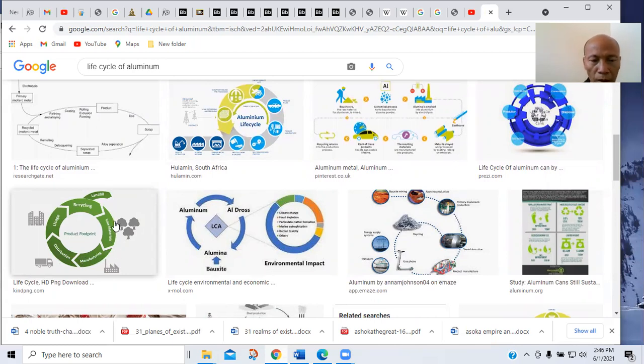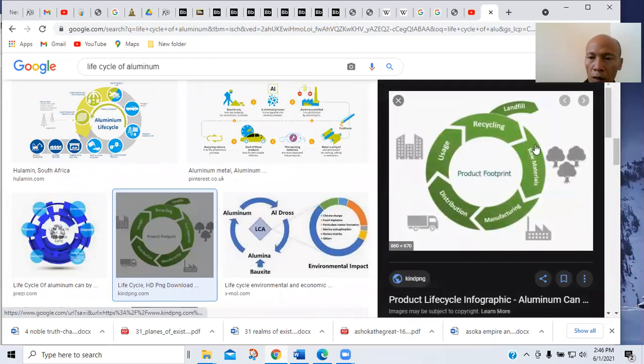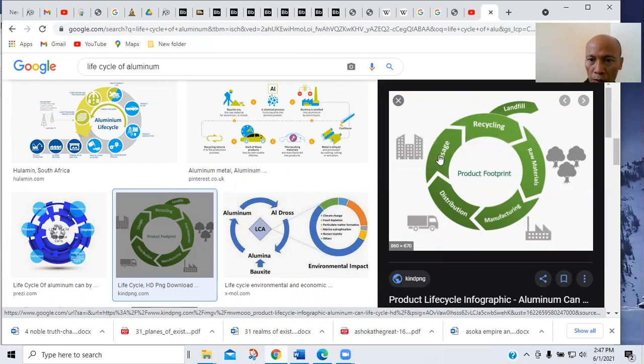Raw materials like anything, aluminum, or paper, plastic, metals, anything. We have raw materials from the trees, from minerals, whichever, and go to the manufacture process, and after that go to the distribution, and the next one is the usage and the recycle.